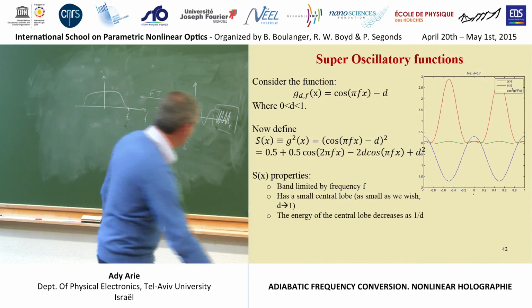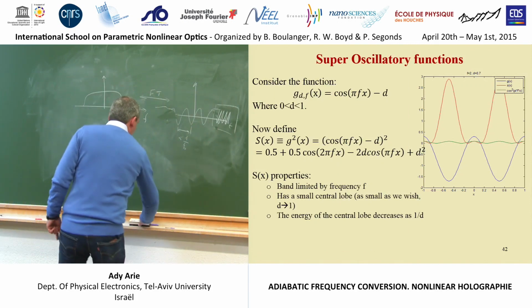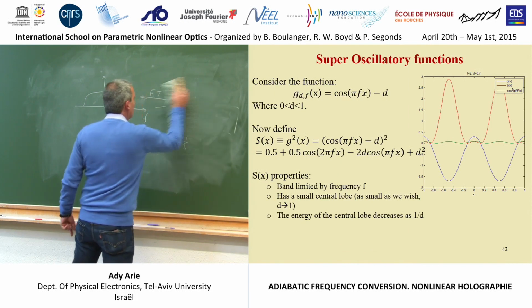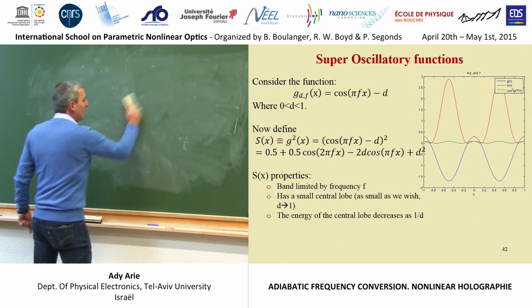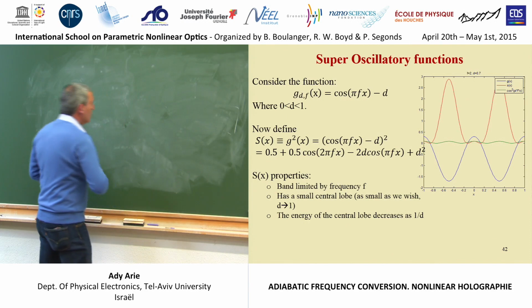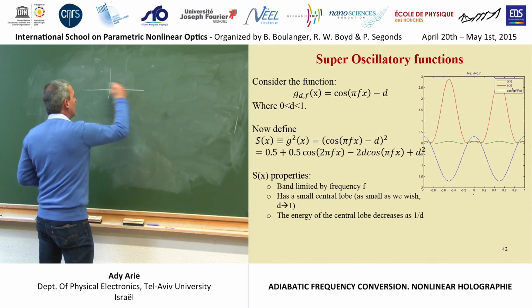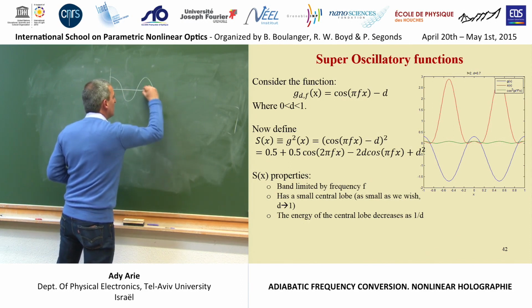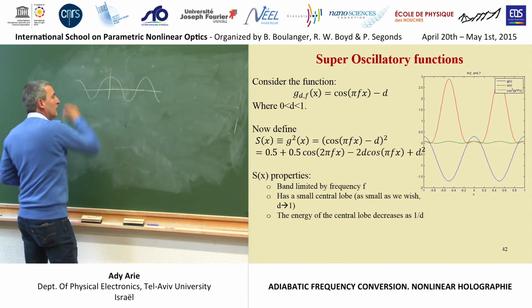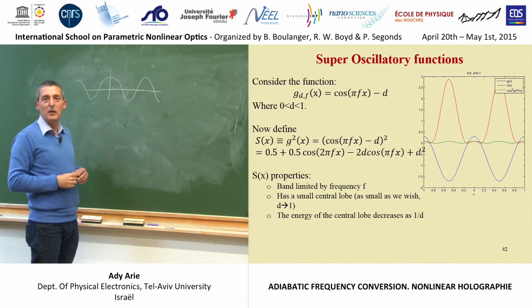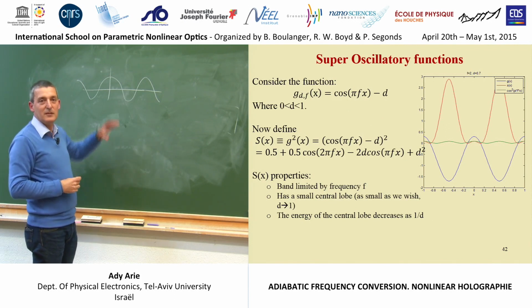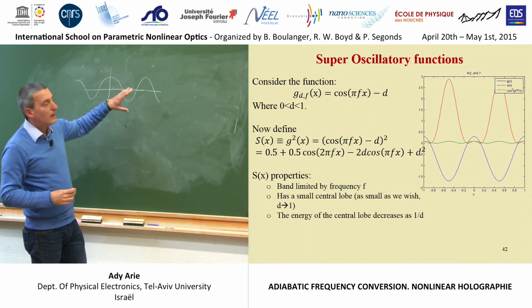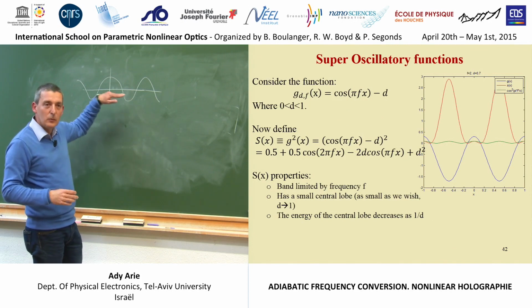Okay, so this is actually the example I wanted to show. This is something you can understand very easily. Let's take a cosine function. Of course, this is a band-limited function. Now let's remove some offset from it.